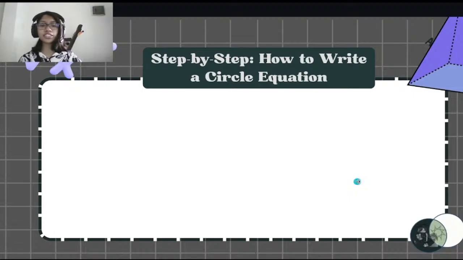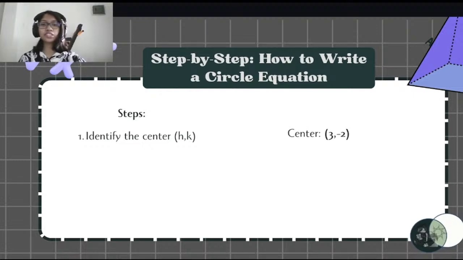Let's learn step-by-step how to write a circle equation, using the example we have in the previous slide. Step 1. Identify the center, h k: 3, -2. Step 2.